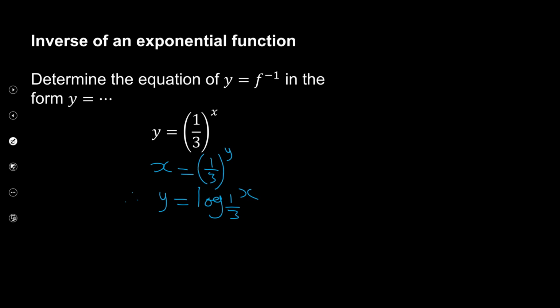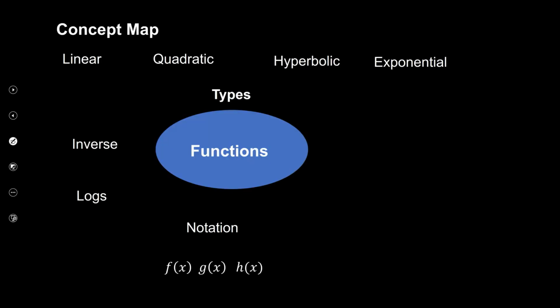That's what you need to do to find this equation. By the way, they said in the form y is equal to. If they had said in the form f to the negative 1, then you would write it as log x base 1 over 3 in that form.